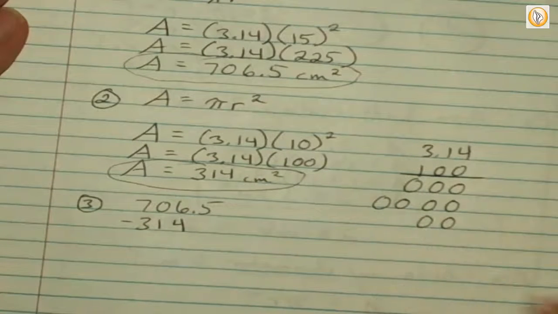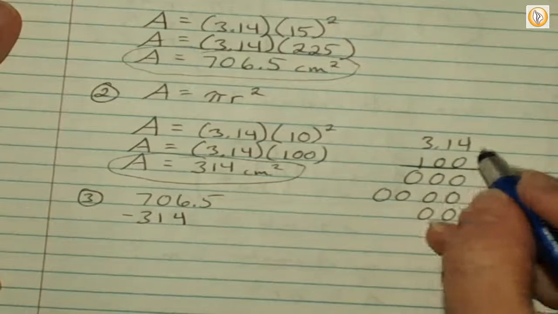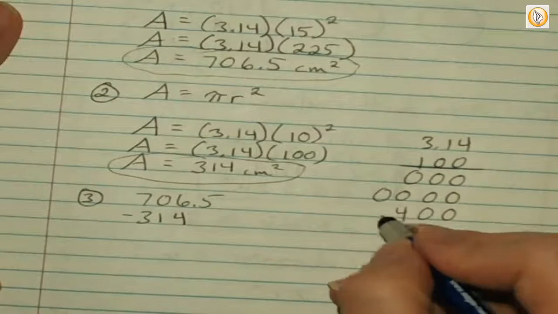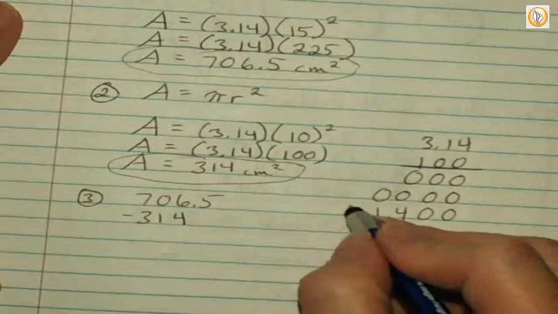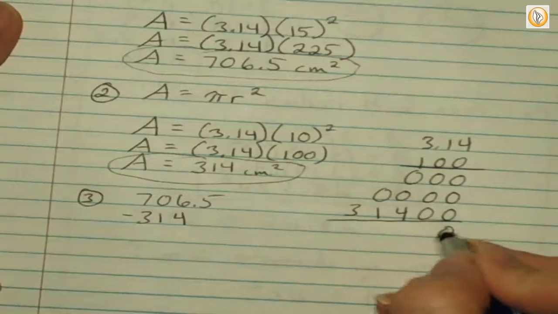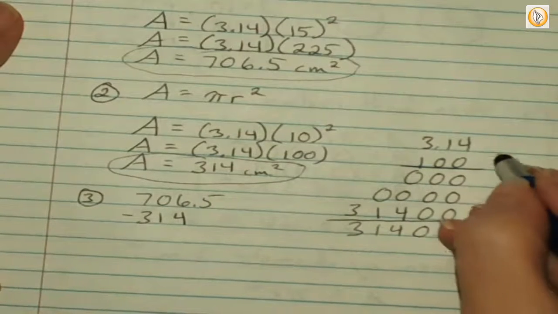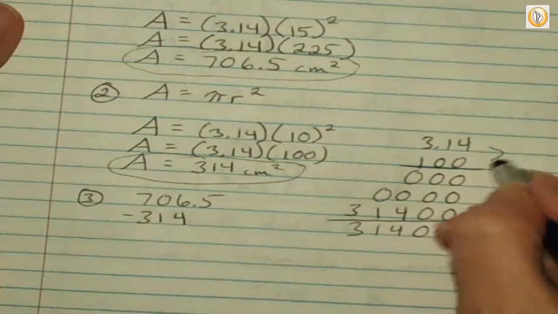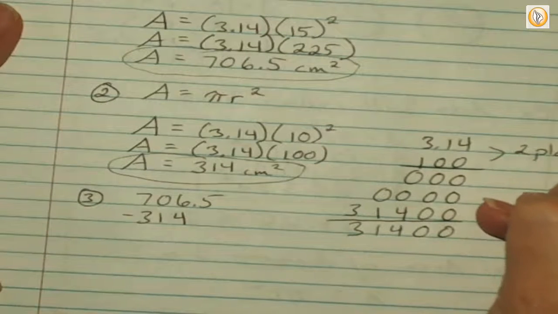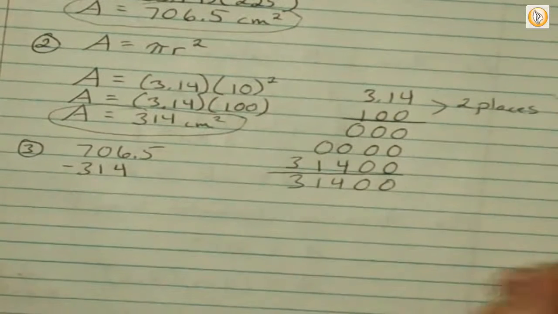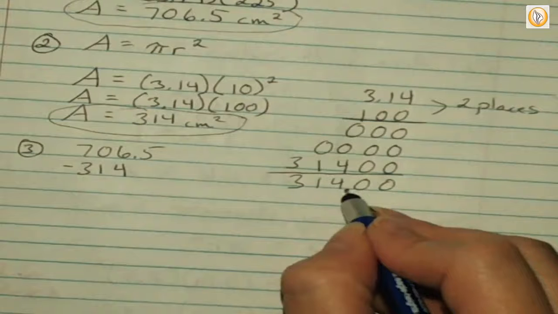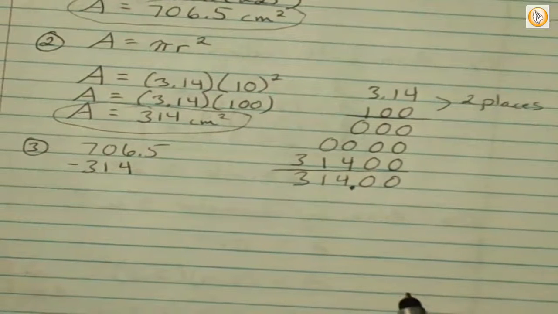Now I'm going to my next thing. I put 2 zeros. 1 times 4 is 4. 1 times 1 is 1. 1 times 3 is 3. Now how many total places are in the problem? 2 places. So then I move my decimal 2 places, and there's my answer.